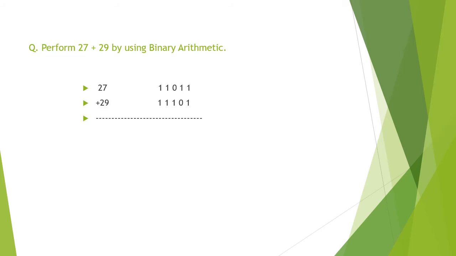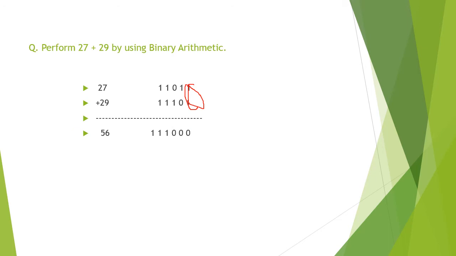Then for 29, again we have used the decimal to binary conversion, or the double method. Now 27 plus 29 becomes 56. But here we have to perform the binary addition, so we have to add these digits one by one.